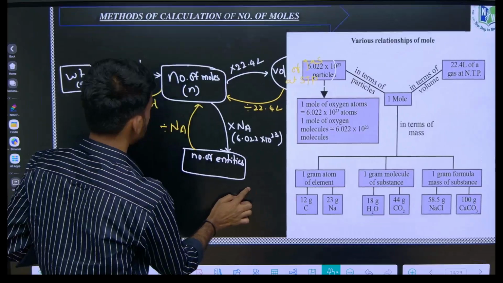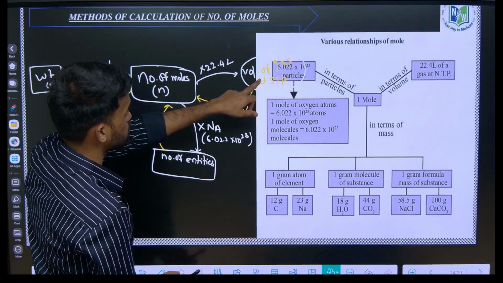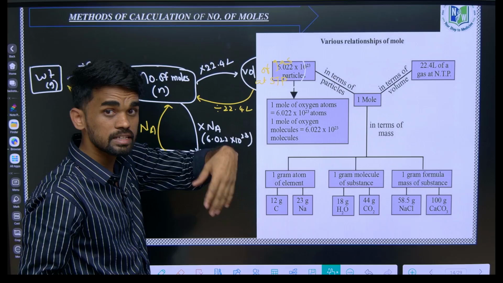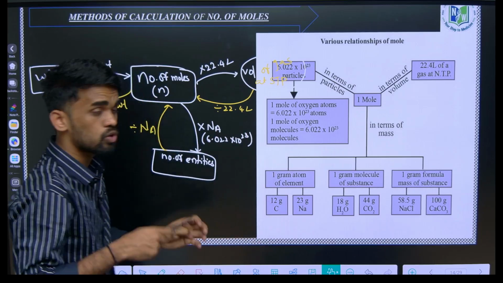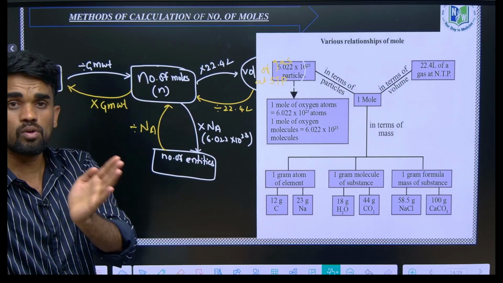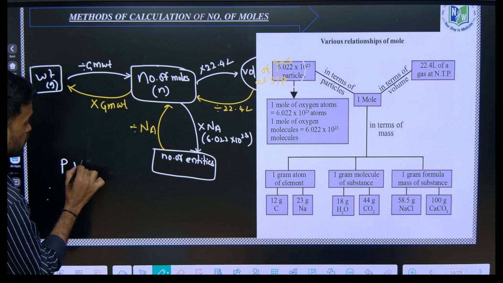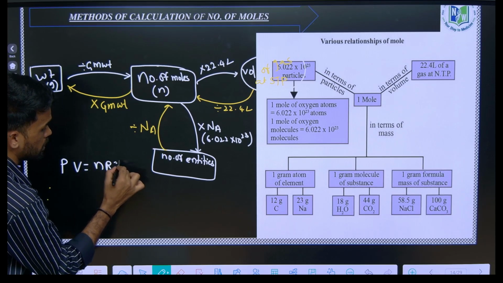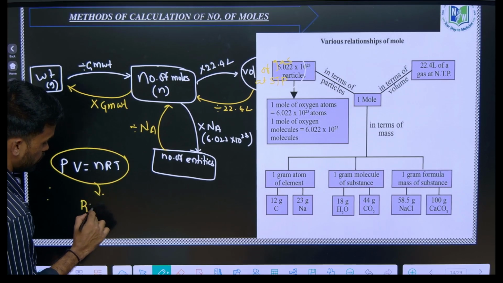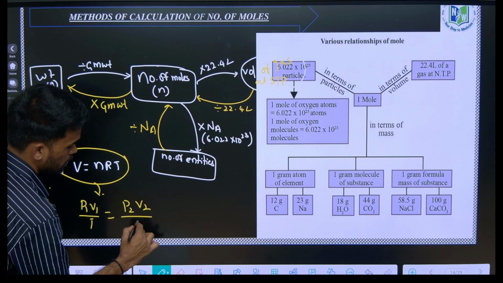Okay, then next thing is, see here in the volume term, I always mention at STP condition only. If they are asking at other than STP, what do we have to consider? Convert that volume into volume at STP. Use this formula from the ideal gas equation. We have PV equals nRT. From this, you can consider P1 V1 by T1 equals P2 V2 by T2.